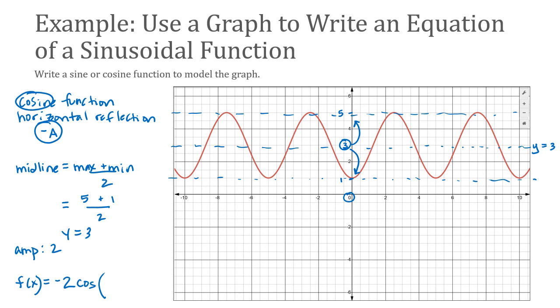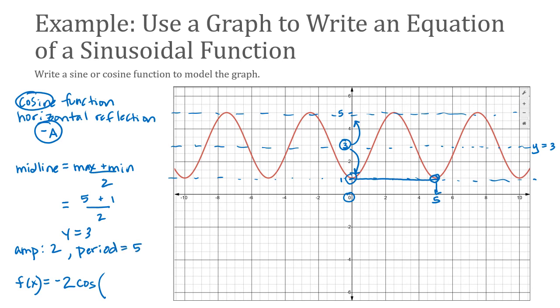What is the period of this function? Well, at 0, we were at 1, and we don't see that repeat until right here at 5. So the period is equal to 5.